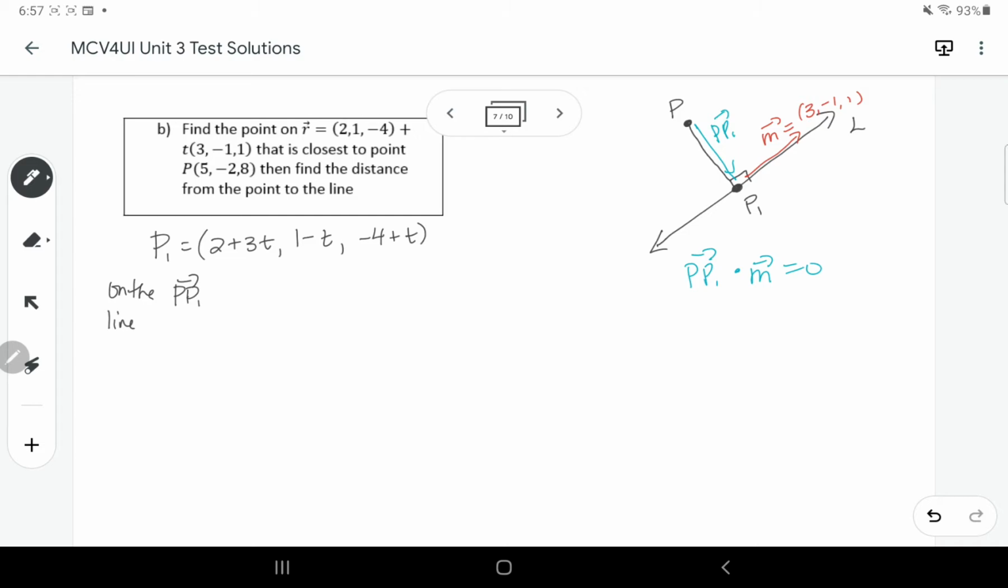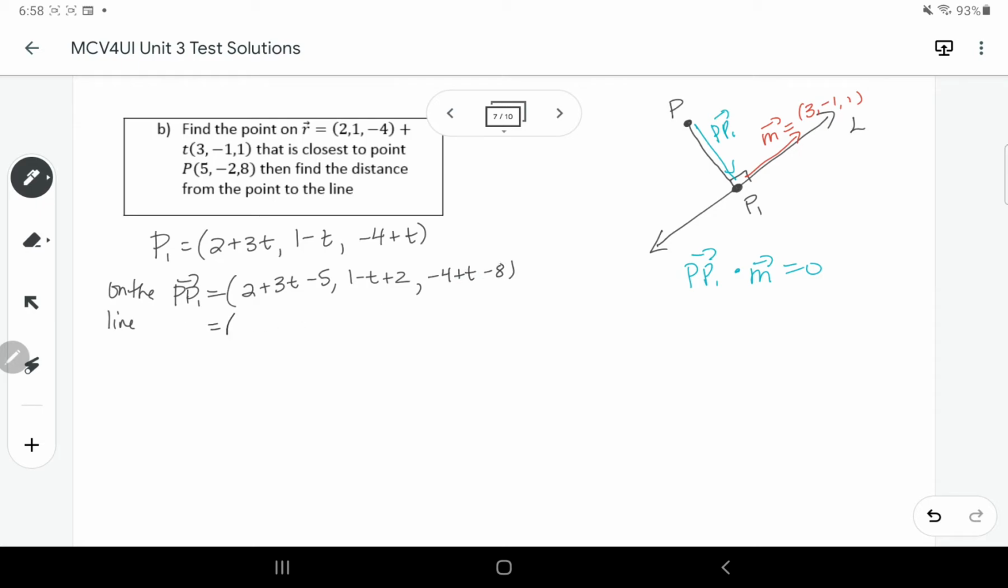So I'm basically taking vector P1 and subtracting the components of P: 2 plus 3t minus 5, and then 1 minus t plus 2, because it's minus -2, and then negative 4 plus t minus 8.